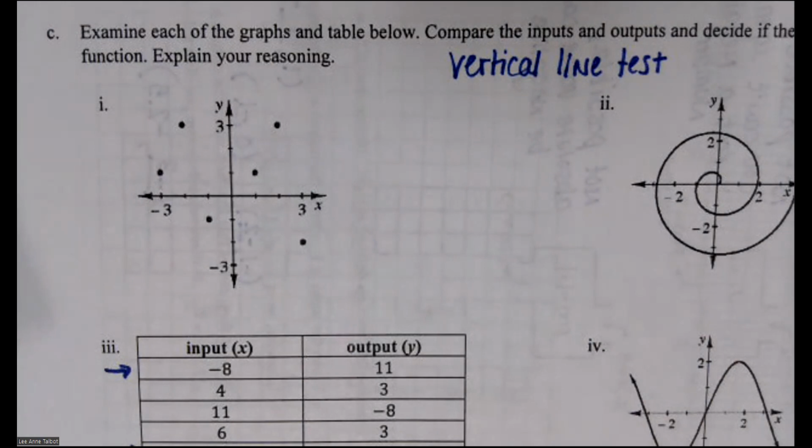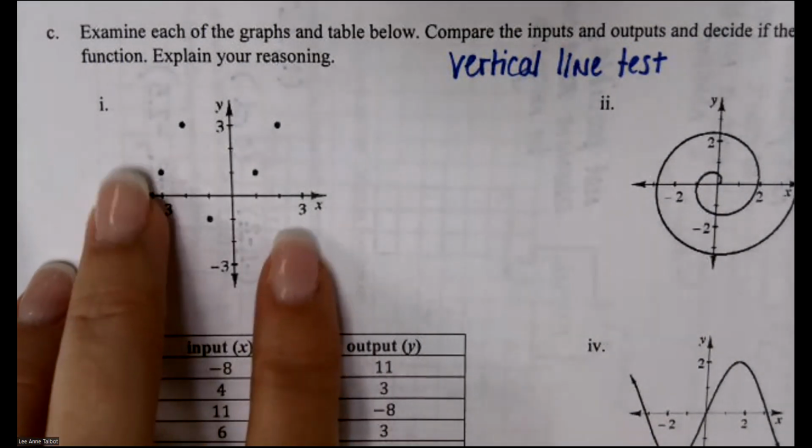On number 1, 2, and 4, we're going to do the vertical line test. What you're going to do is draw vertical lines on your graph. Technically, you should draw an infinite number of them.